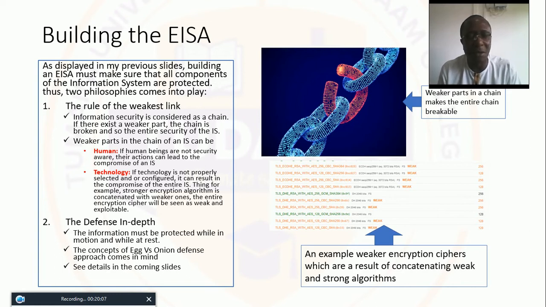They just think, if I send an email, I should make sure only the infrastructure carrying the email is safe, but in my own computer the information is safe. No, you should protect it in your own computer and during transit. That is the idea behind the defense in-depth. We will see this when comparing two concepts we call the egg versus onion defense approach.